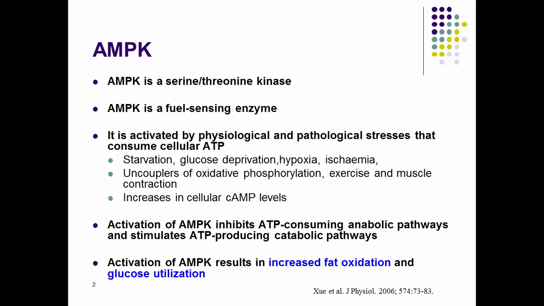So AMPK is a serine/threonine kinase, right? It's also considered a fuel sensing enzyme. That means AMPK activity can be regulated depending on the energy status inside of cells. It can be activated when the energy level is low, right? When ATP level is low in the cells, it activates AMPK, which then stimulates fat oxidation and tries to produce more ATP, right?